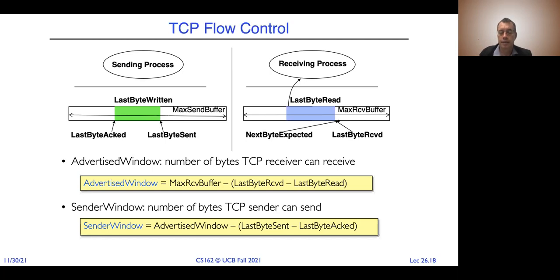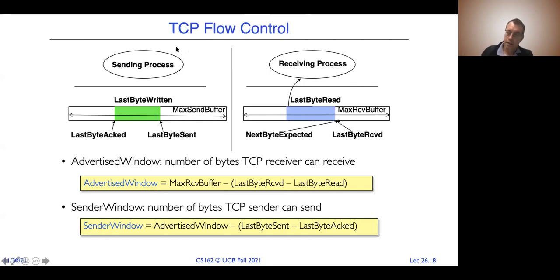So again, the receiver tells you, you can send me 300 bytes. When you heard that, you sent 100 bytes. Still nothing from the receiver. How many more bytes can you send before you hear from the receiver? Yes, in my example it was 200, right?